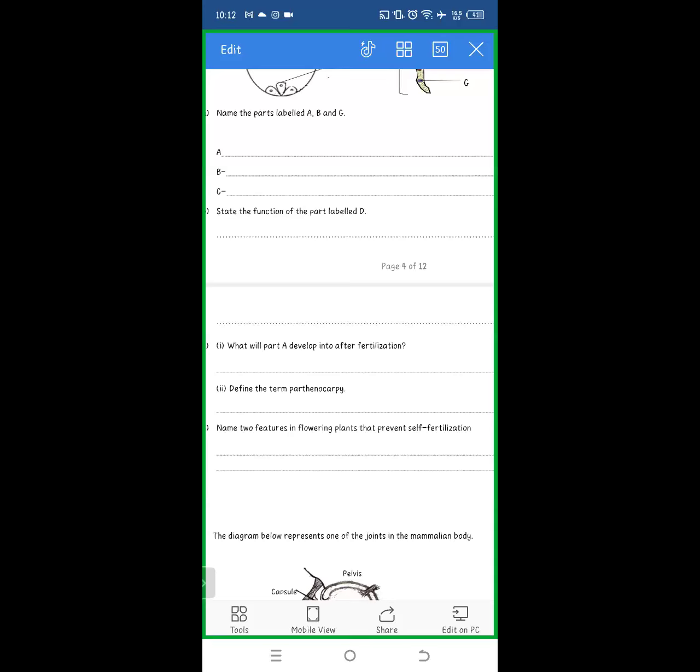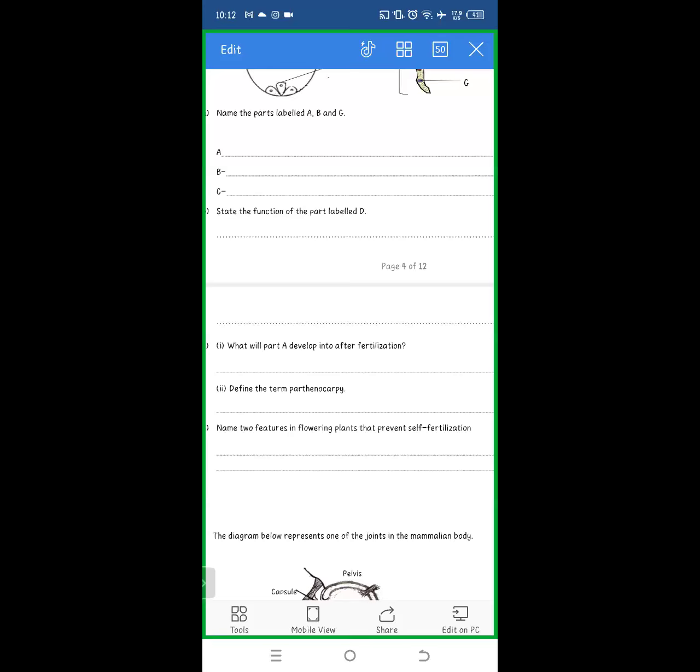Monoecism and dioecism, where mono means one. So there is one plant having male and female flowers in different parts. Mono, one, but different parts of the same plant. Then we have dioecism, where di means two. Therefore, we have two plants, each of which has either a male or a female flower. So the male and female flowers are found in two different plants.